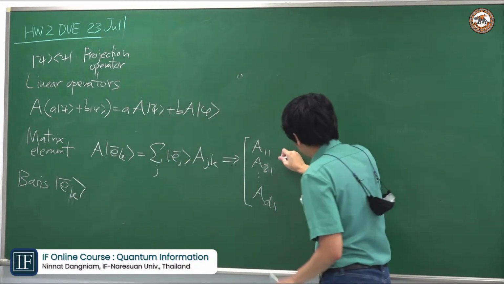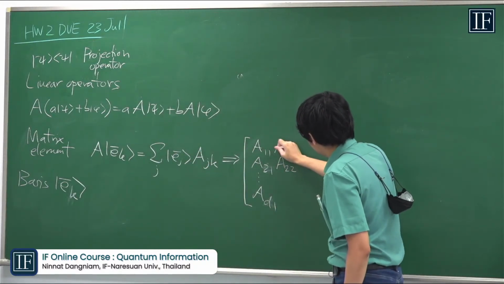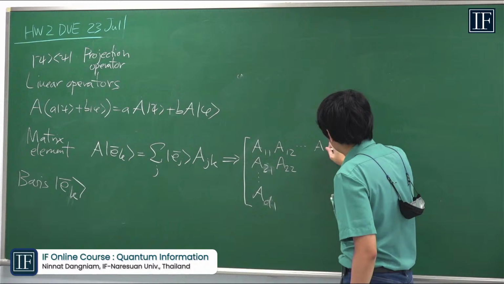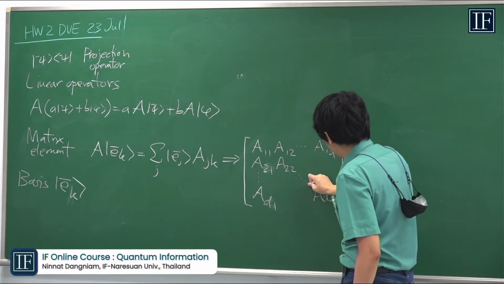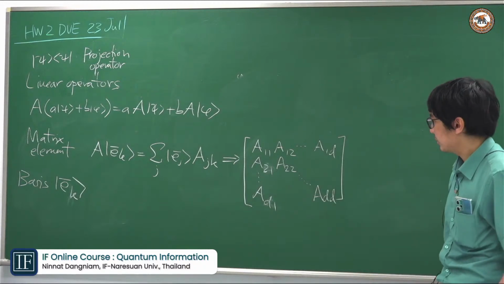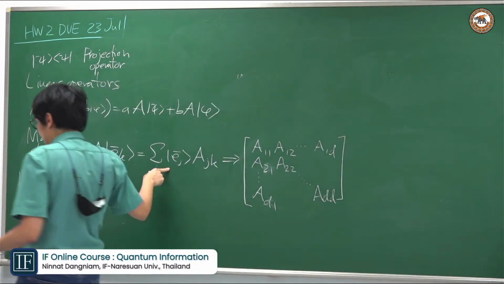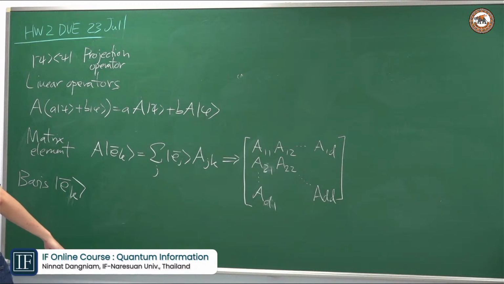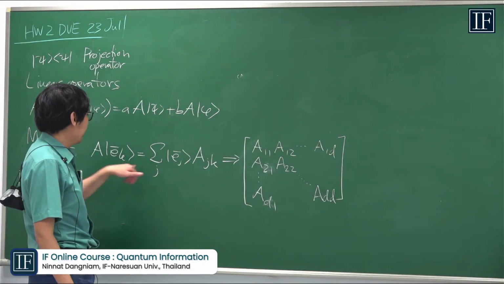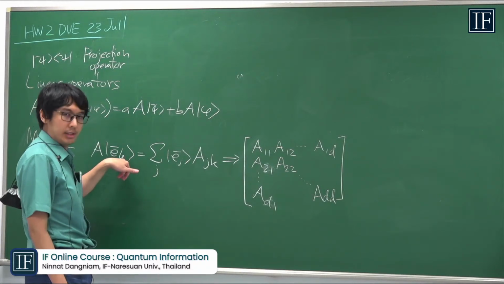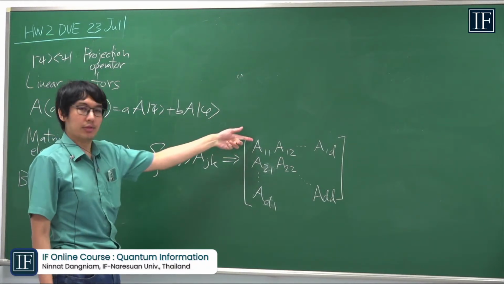So if I put in the first basis vector, I would get the first column.